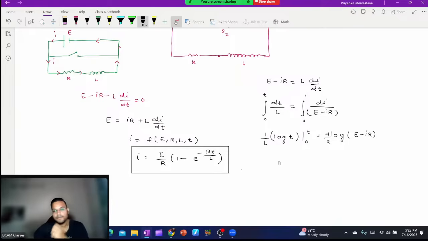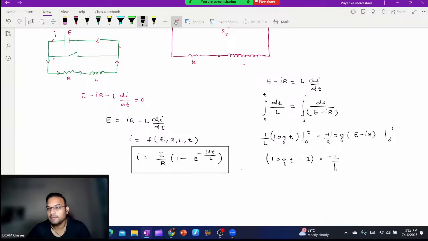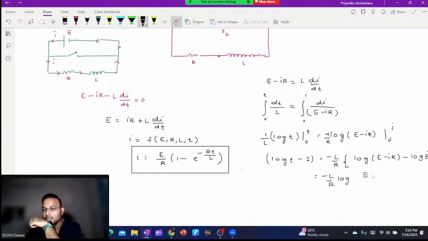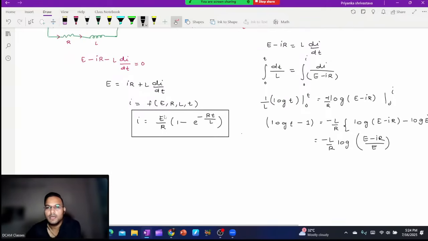Right now, from 0 to I. So now it will become log t minus log 0 is 1, minus L by R into log of E minus IR, minus log E, minus L by R log of E minus IR by E. What have I done?